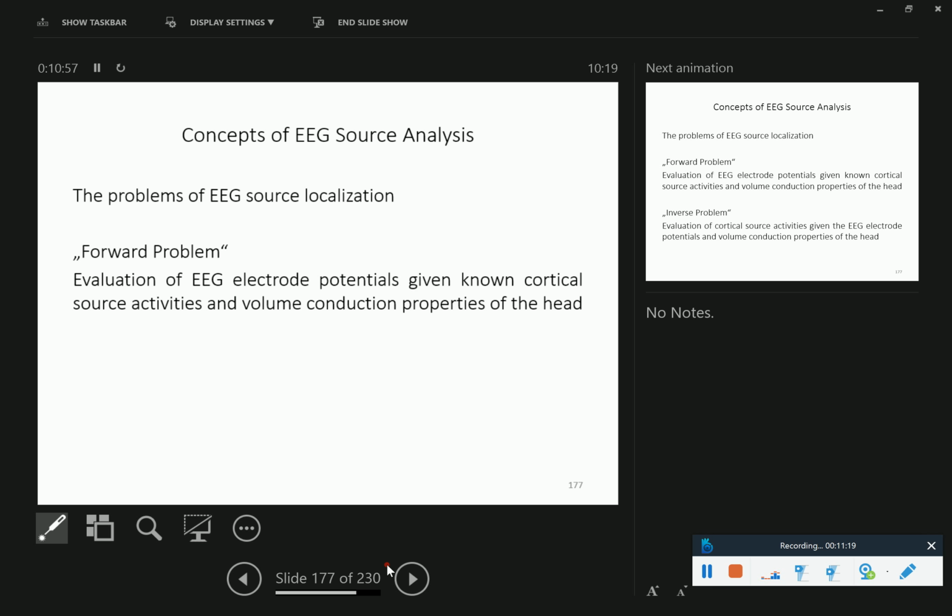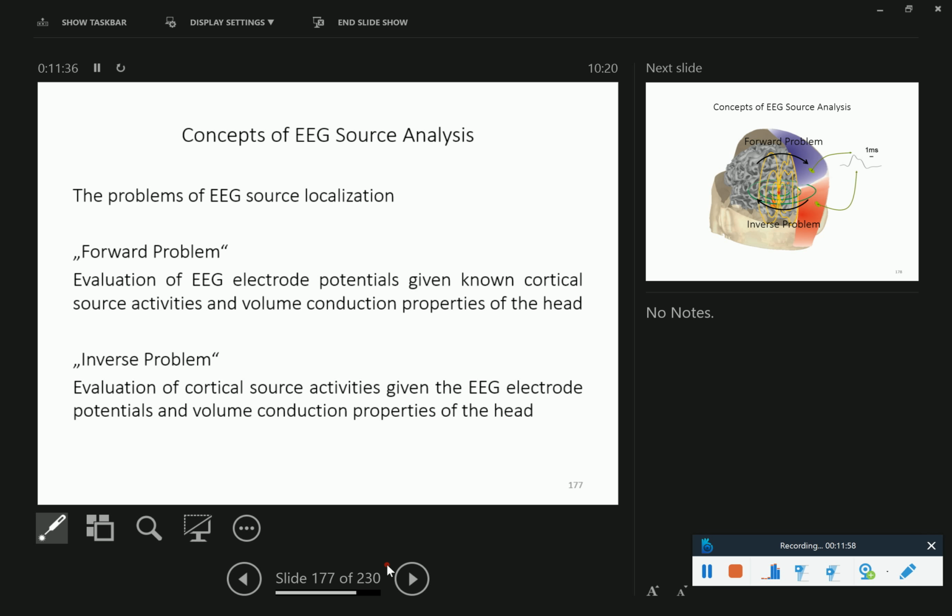So the question, and this is essentially a physics problem, is if you have in some point in 3D space electrical activity, and you know that the space surrounding this source conducts the electrical activity with specific properties, so maybe more, maybe less, maybe this whole thing has a geometric shape that is interesting. What is the electrode potential that you would see at an EEG electrode? That's what's called the forward problem.